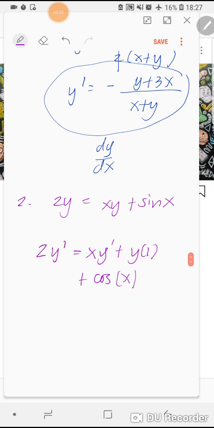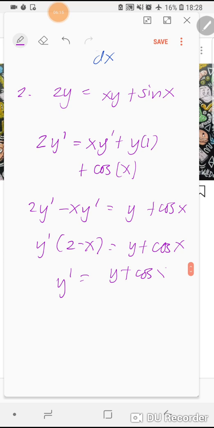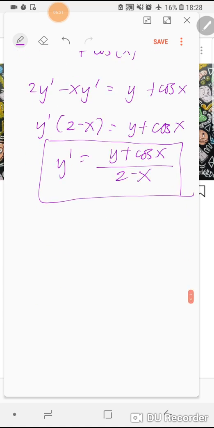Segregating the terms, 2y prime minus xy prime equal to y plus cosine x. Factoring out, y prime times 2 minus x equal to y plus cosine x, so dy over dx is y plus cosine x over 2 minus x. That is the final answer.